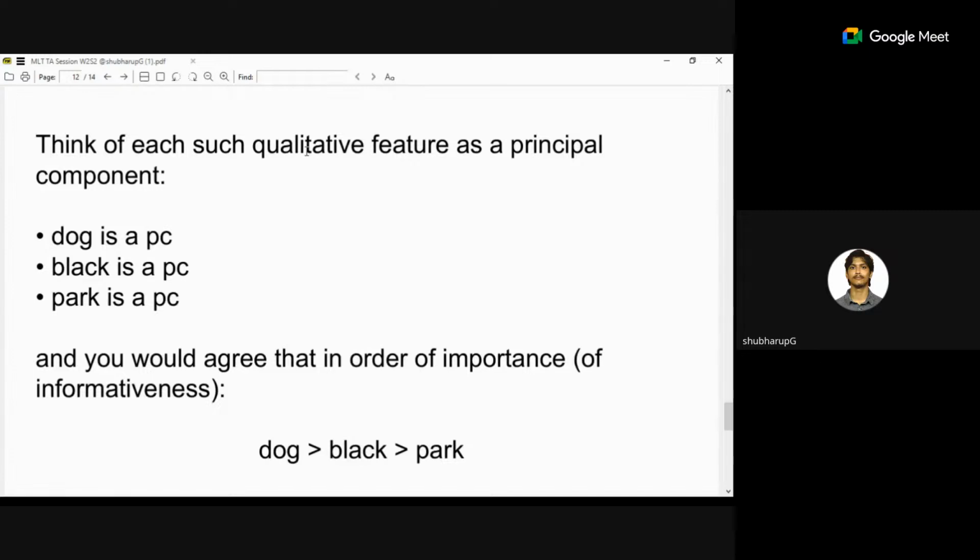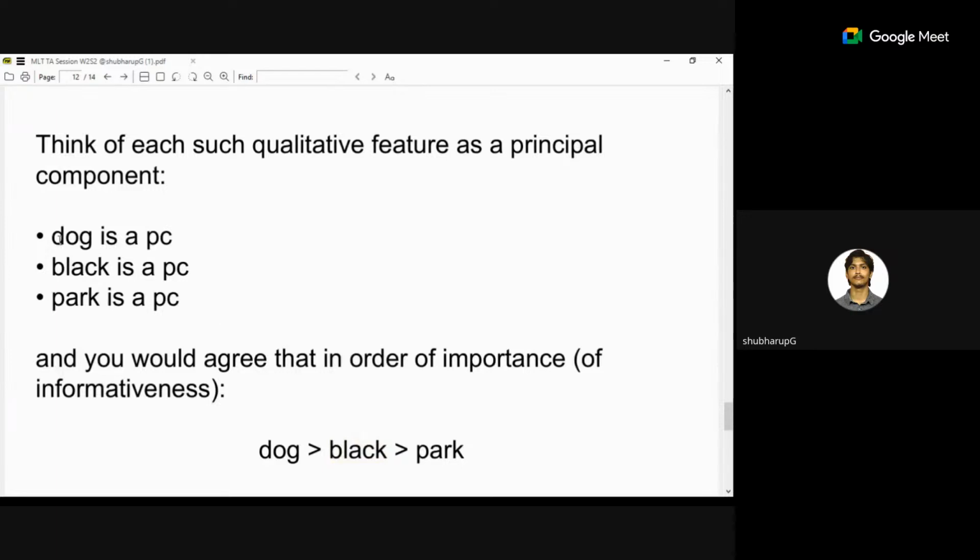Of 500 images, maybe there are like 5 pictures of Alsatians. It might not become a principal component, which is not a problem. It can be expressed as a recombination of the existing features, like dog and black and big, maybe other snout. But Alsatian itself might not be a principal component.